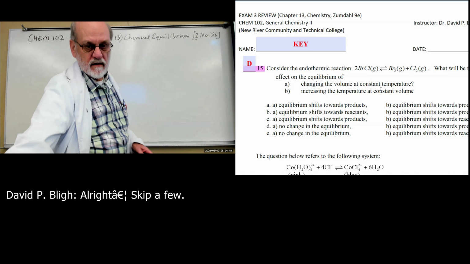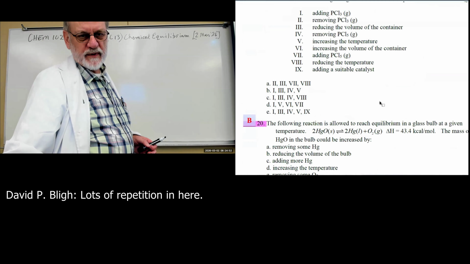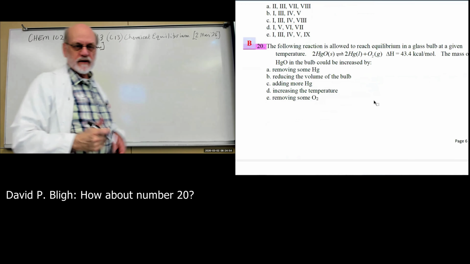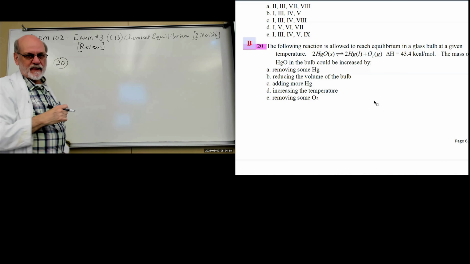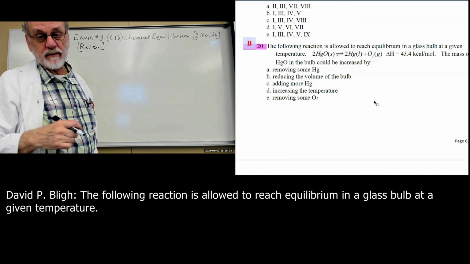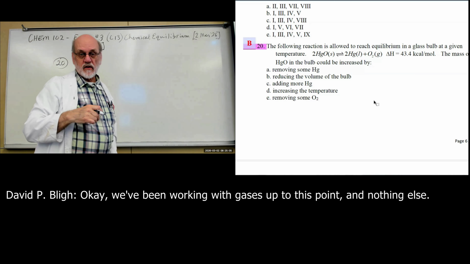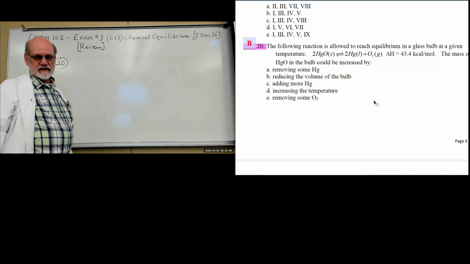All right. Skip a few. Lots of repetition in here. How about number 20? The following reaction is allowed to reach equilibrium in a glass bulb at a given temperature. Okay, we've been working with gases up to this point and nothing else.